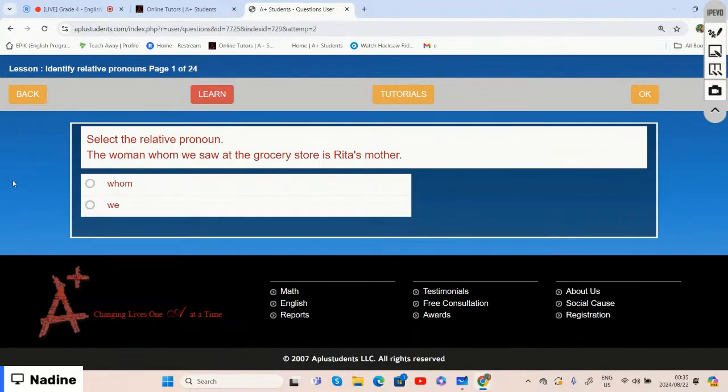All right. And if we were to select the relative pronoun, it says, the woman whom we saw at the grocery store is Rita's mother. What is the relative pronoun there? Is it whom or is it we?